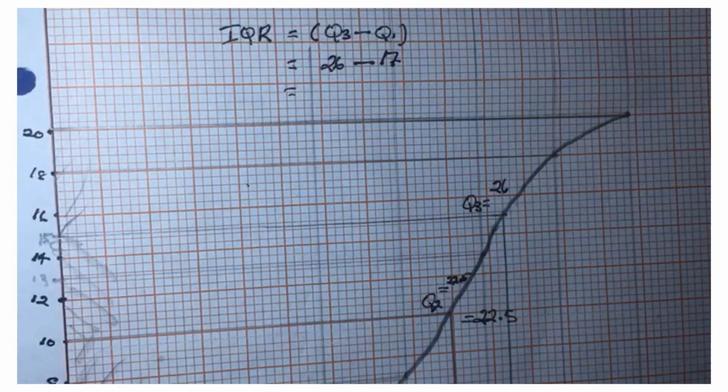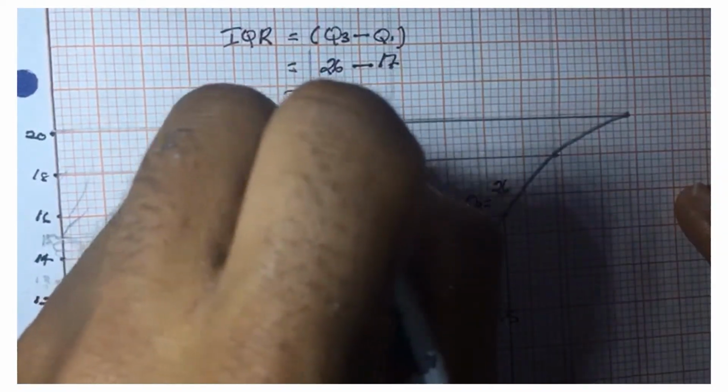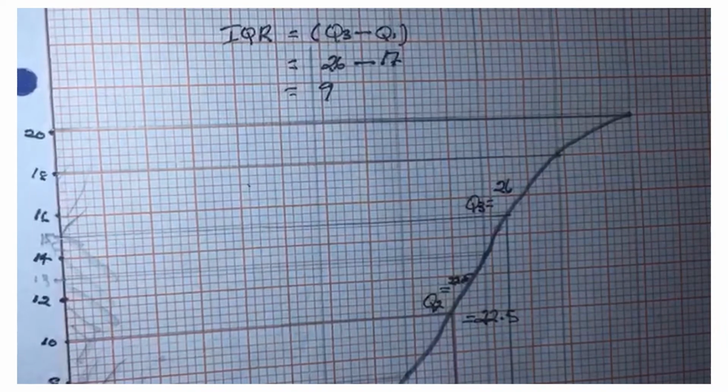So when I do the subtraction, I'm going to get 9. So my interquartile range is 9.